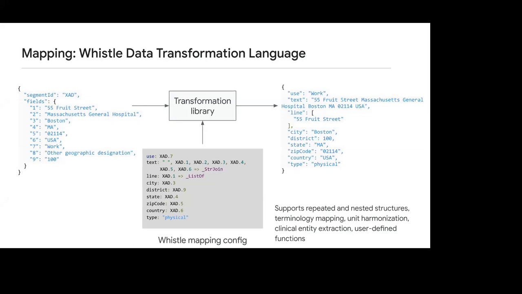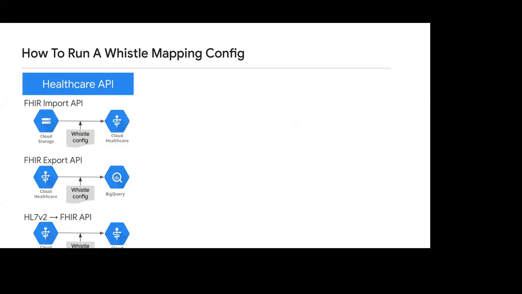It also has functions to call and invoke for terminology mapping, unit harmonization, and clinical entity extraction, and you can create user-defined functions as well. And probably most importantly, we will be publishing sample maps for HL7 version 2 to FHIR, for FHIR to OMOP, and for OMOP to FHIR. This WSDL data transformation language is something that we'll be open sourcing in the next couple of months with these sample maps.